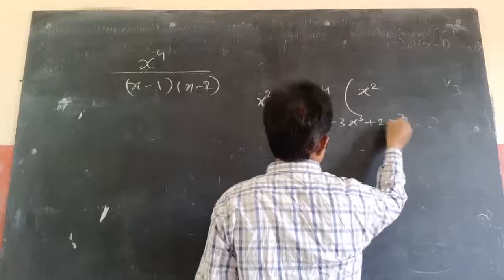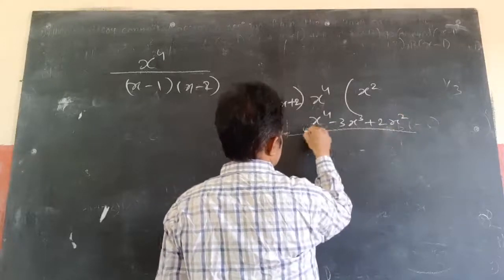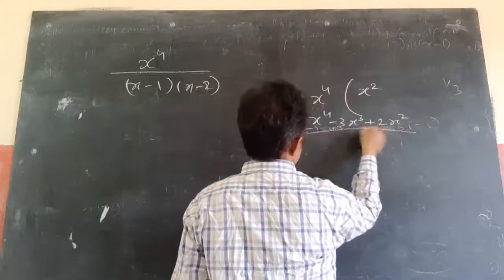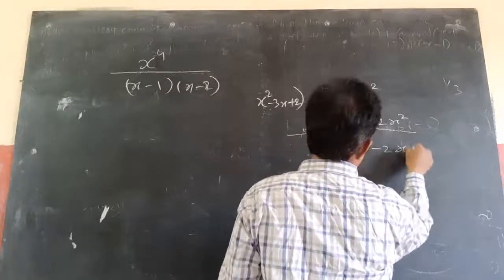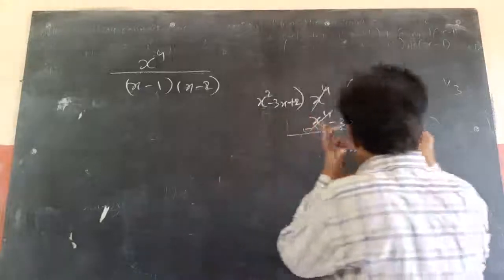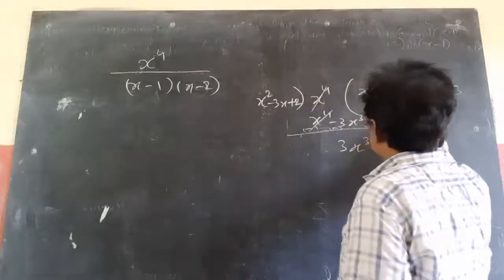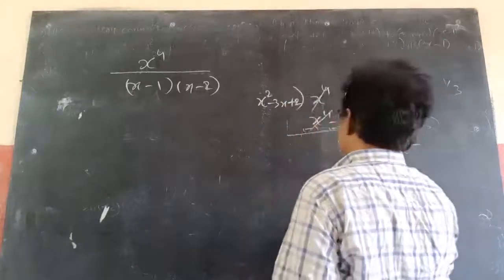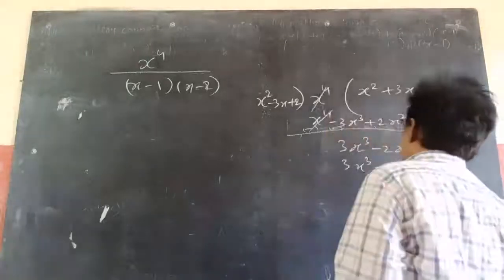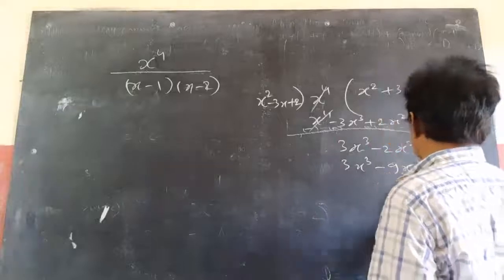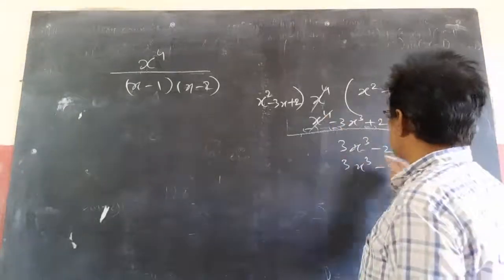Subtract. Plus 3x. So 3x into x square, 3x cube minus 9x square, 3x into 2, plus 6.